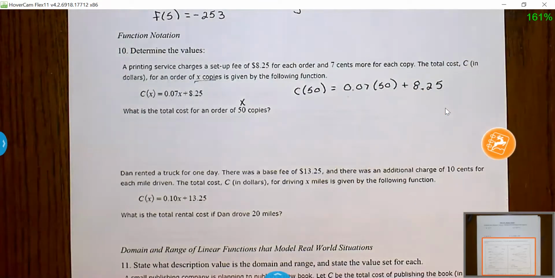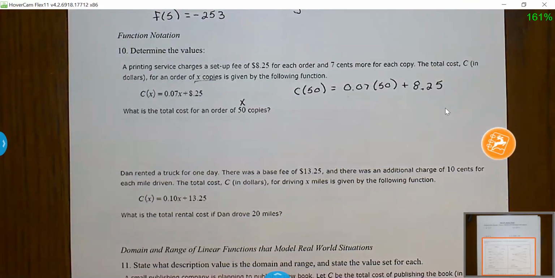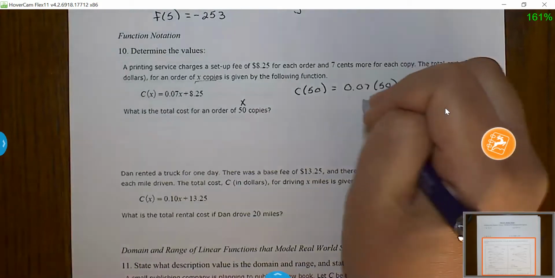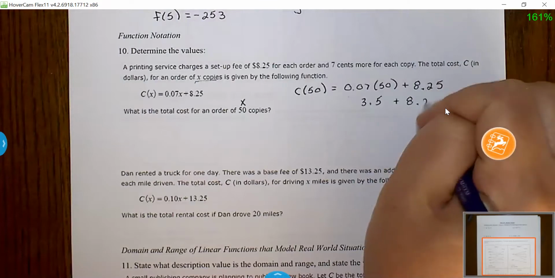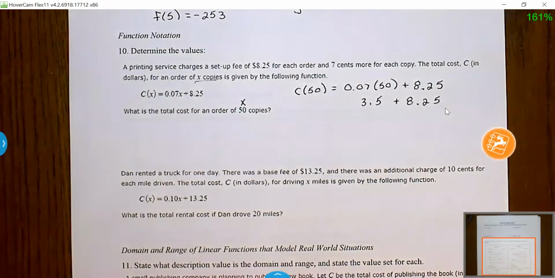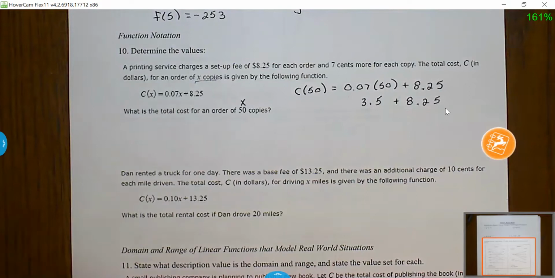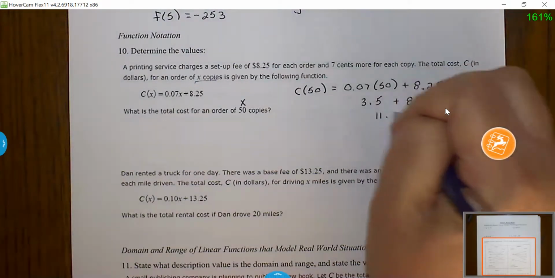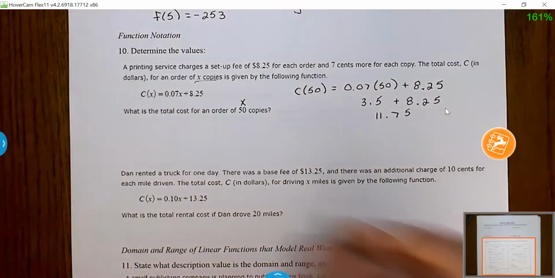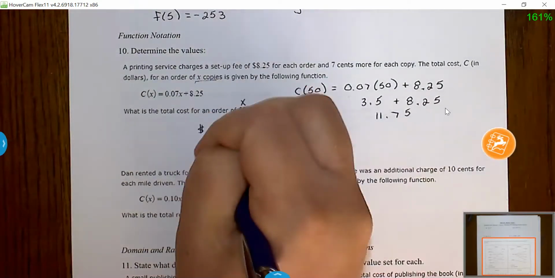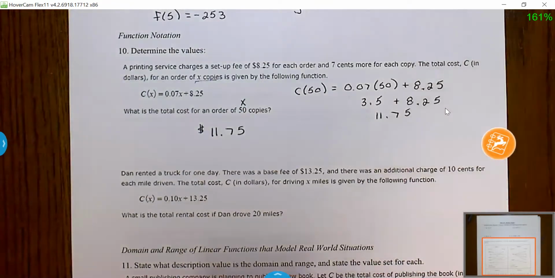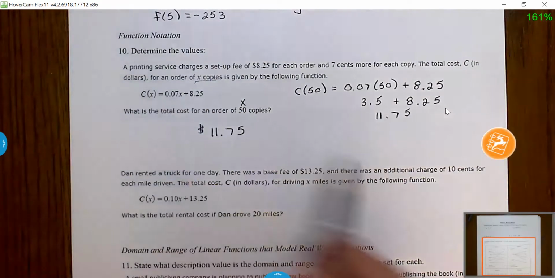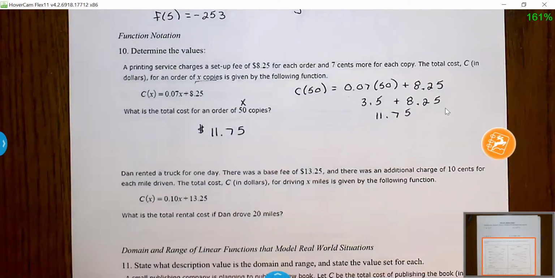So 0.07 times 50, I'm going to take out a calculator. 0.07 times 50 is 3.5 plus 8.25, and 3.5 plus 8.25 is 11.75. So 50 copies would be $11.75. All right, so we're just using that equation they give us and then plugging in that value of X.